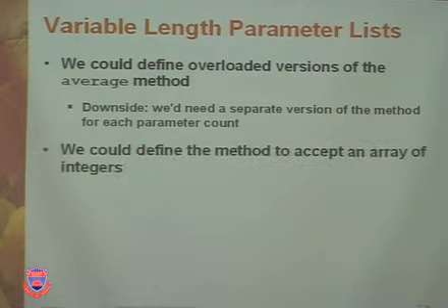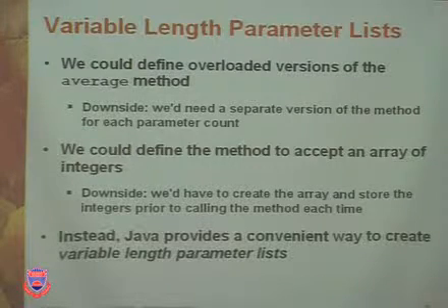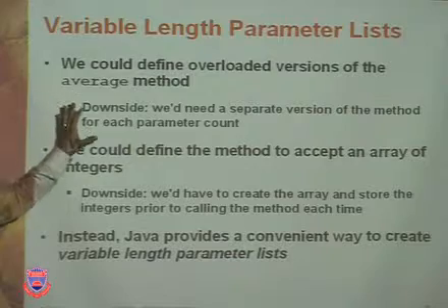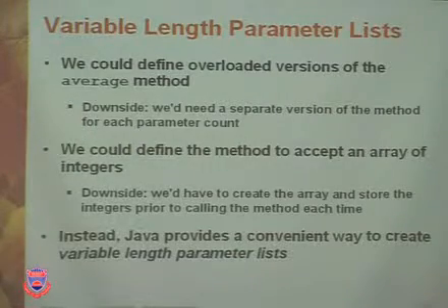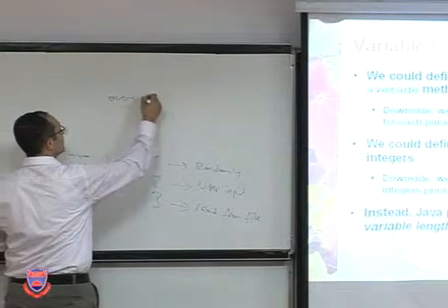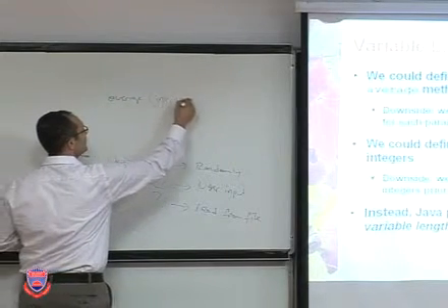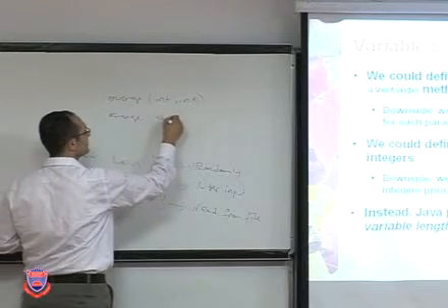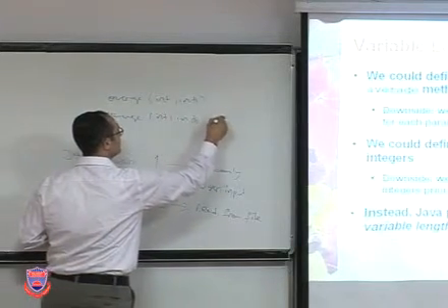So when you want to implement this, if you want to have an overloaded version of the method, such as the average method, right? You could have average, and then that takes 2 integers. Average, that takes 3 integers, and so on.